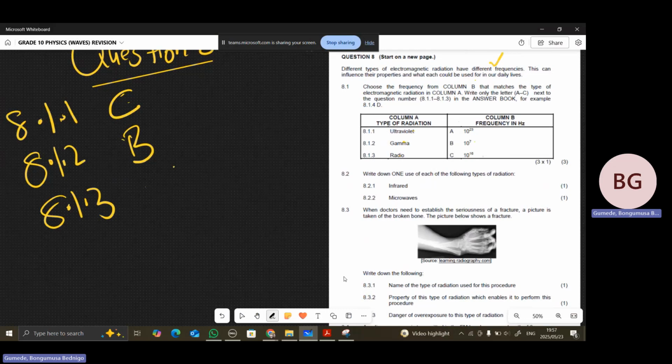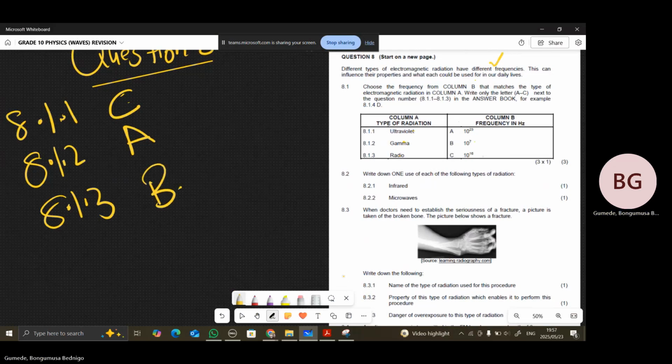Oh, this is A. I explained it correctly, but I chose the wrong letter. So 10 to the power 23 is A. And then we can have B here. All right. If you're not sure, go to your EM radiation spectrum.